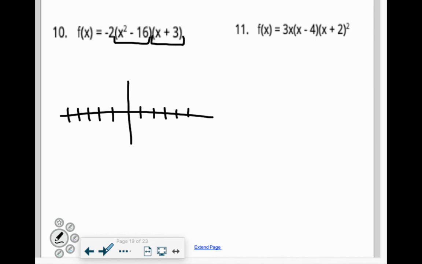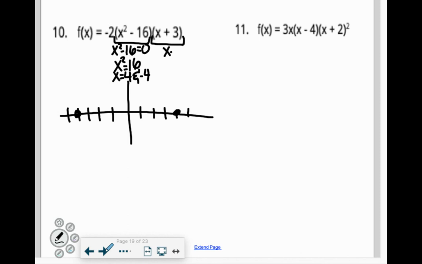If I want x squared minus 16 to equal 0, I would add that 16 to the other side, and my two answers would be 4 and -4. Okay? So whenever you set it equal to 0 like this, you are finding these x-intercepts.